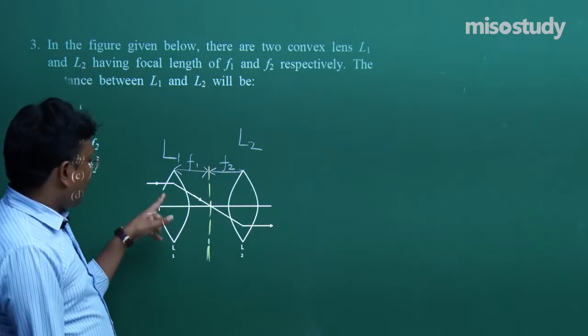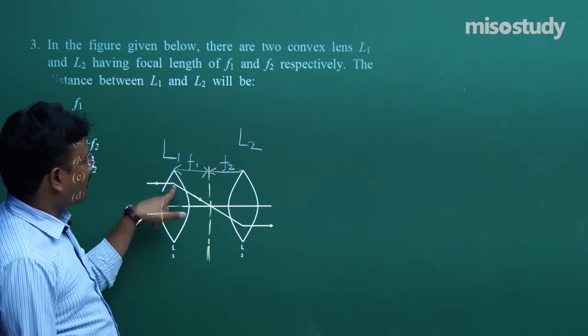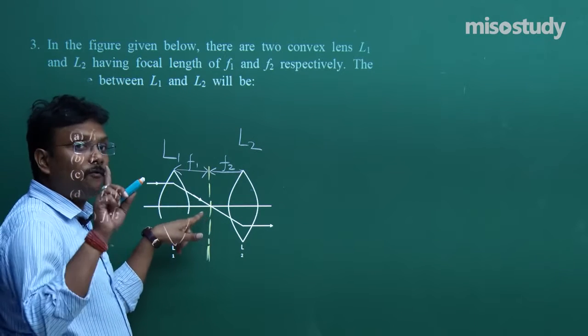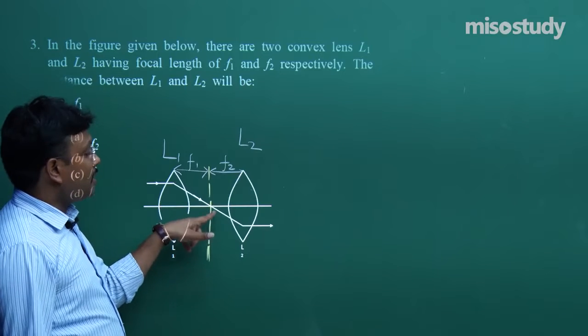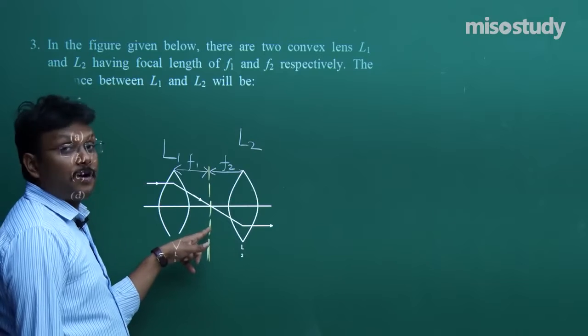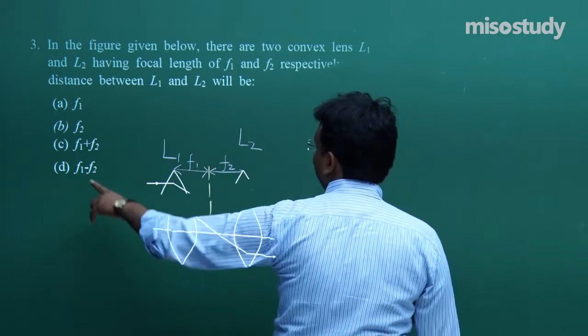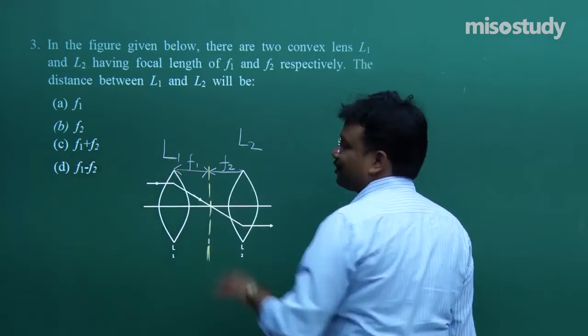Why? Because a ray parallel to the principal axis passes through which point? The first focus. From here it is passing, then again it is going to its first focus. So, the correct answer is C, f1 plus f2.